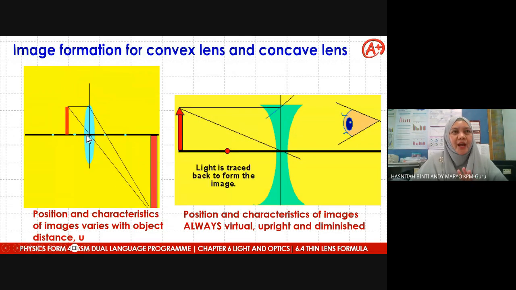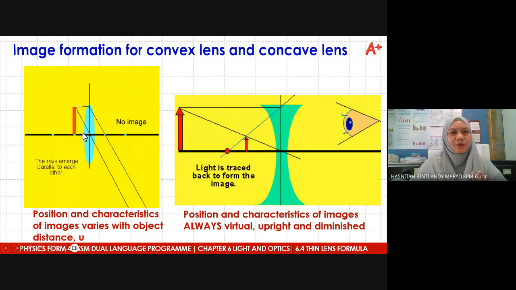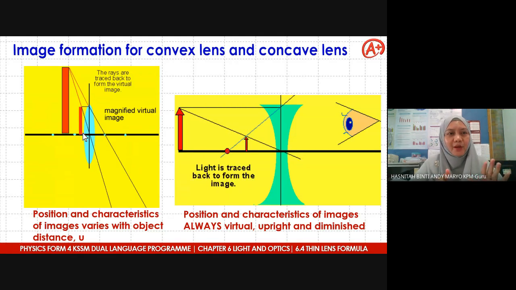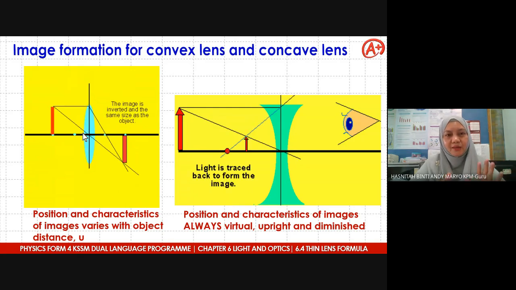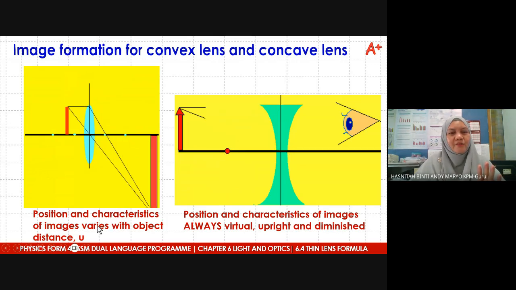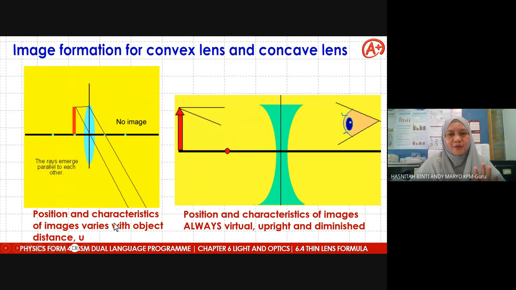You may check your textbook on 6 different places where we can put the object, which give you various characteristics of image.